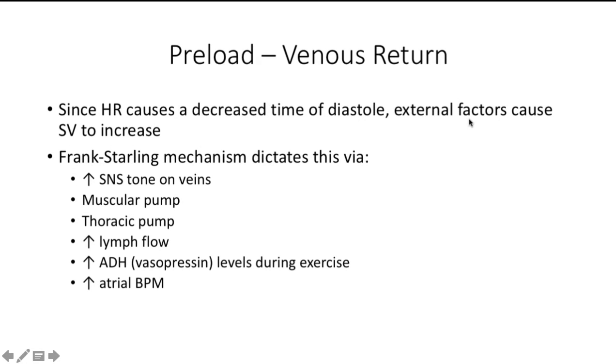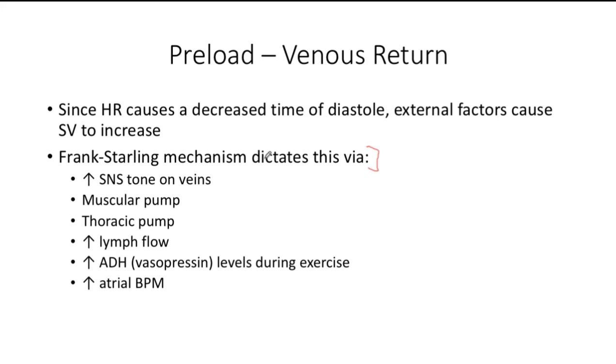All right, but let's look at preload and the Frank-Starling mechanism here. When thinking about the Frank-Starling mechanism, we have to rely on factors outside of the heart to overcome heart rate, to overcome that reduced time the chambers are in diastole, the atria and the ventricles to be more specific.